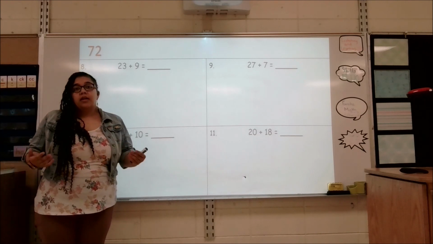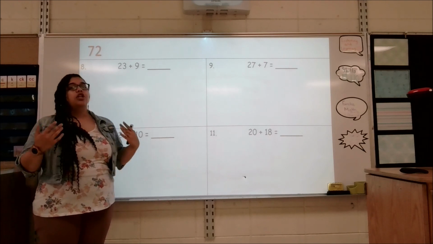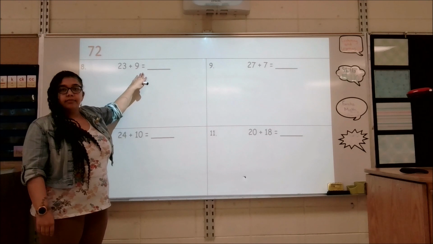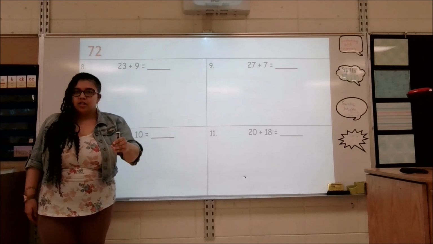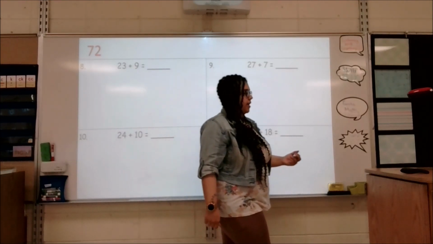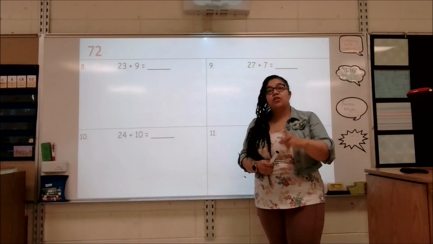first what I'm going to do is complete a group of 10. Which of these 2 numbers is actually closer to a group of 10? 23 or 9? Nine is closer to a group of 10. Good. How many does 9 need to make 10? It needs 1 more.